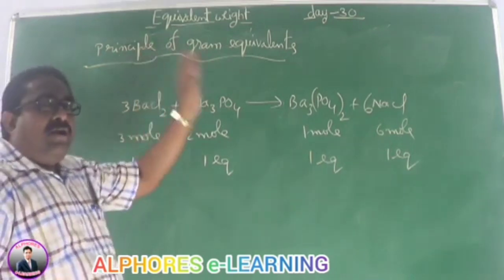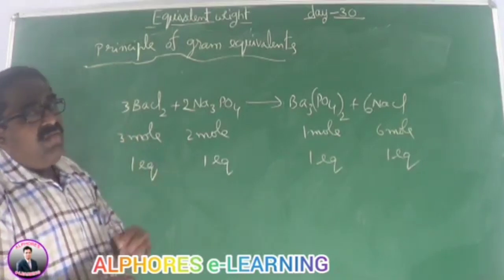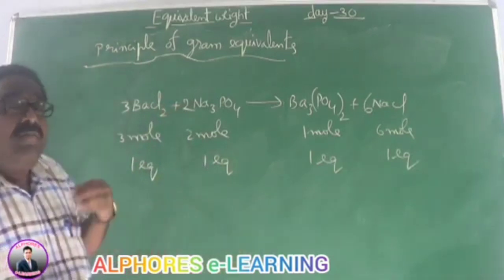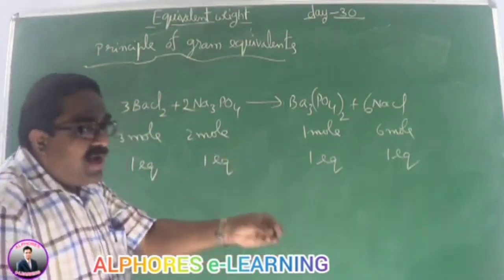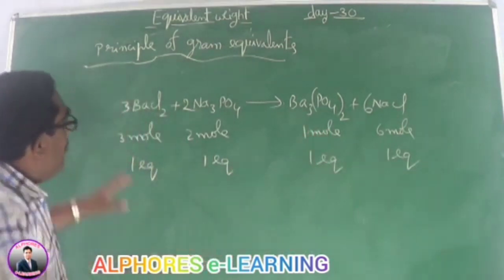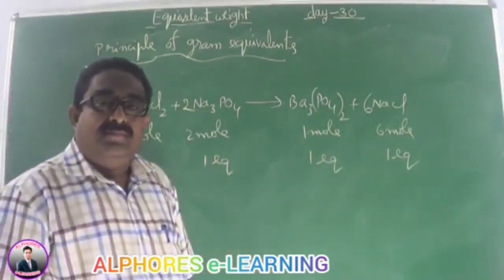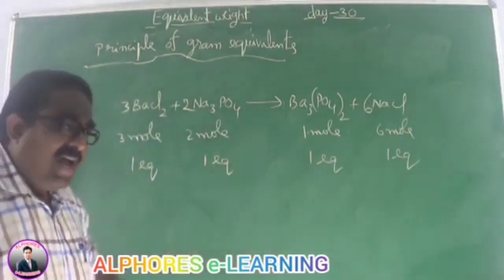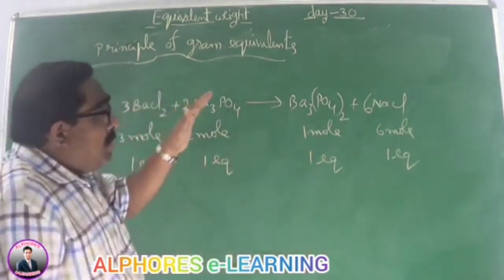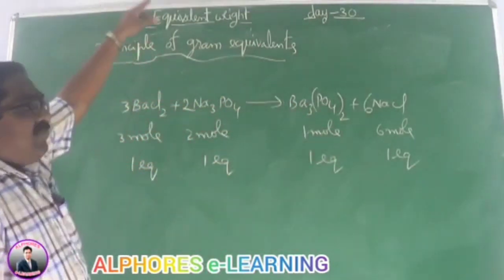According to this principle, the reactants always react in terms of their equivalents and form products always in terms of their equivalents only. Moles are only useful as a representation on paper. But in reality, reactants react in terms of their equivalents and produce products only in terms of their equivalents. That is the reality according to this principle of gram equivalence.